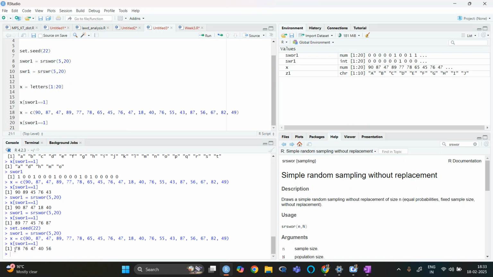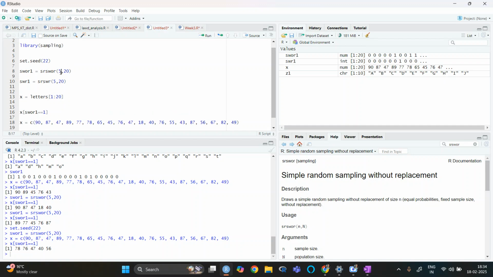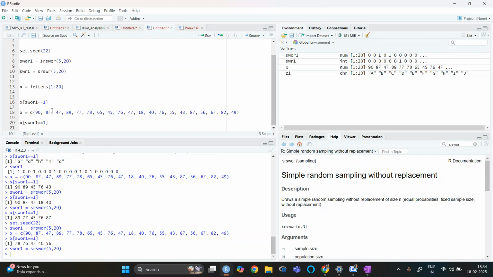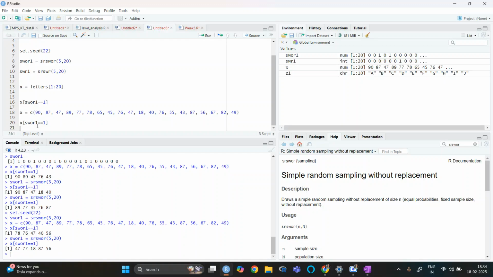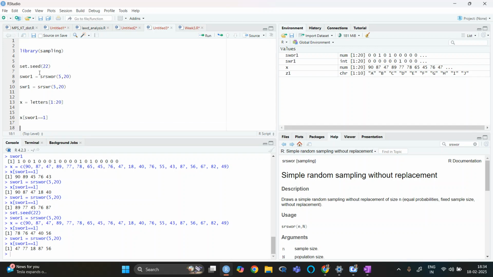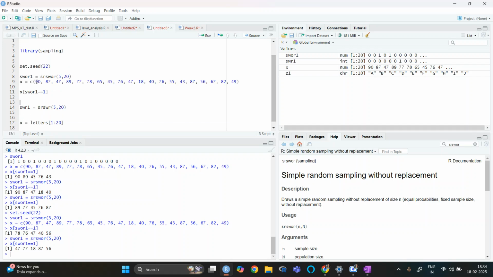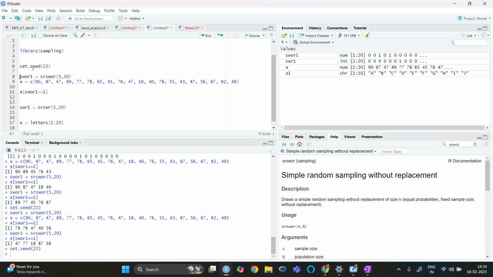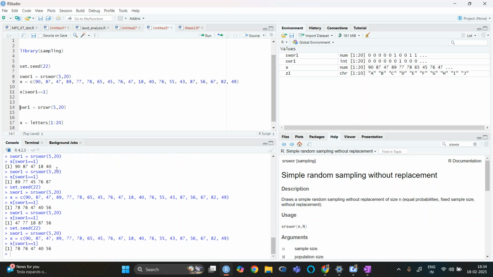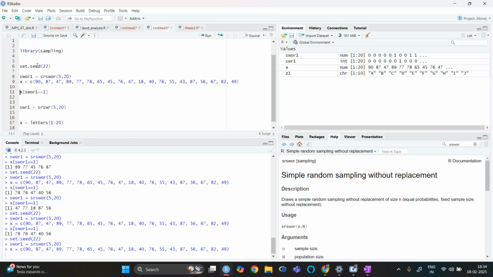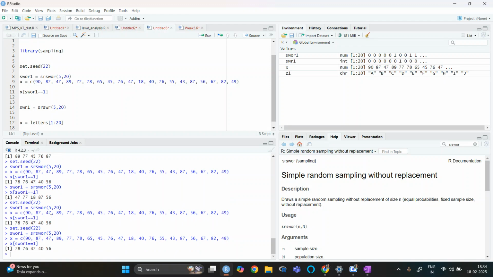Okay, so this is the sample: 78, 76, 47, 56. Let's say I'm running it again. Okay, so why is it not working? Okay, here you can see that I have run it two times.